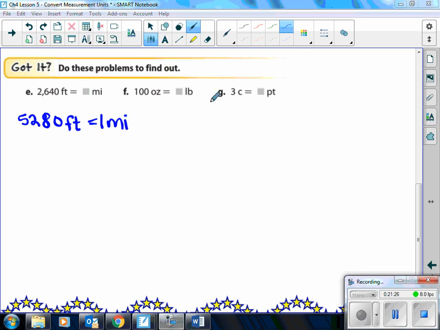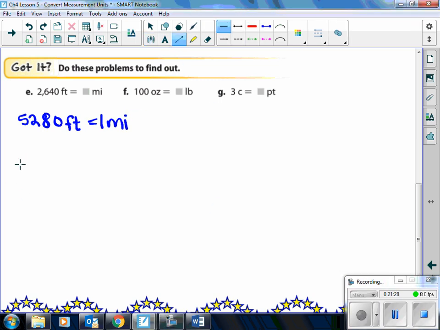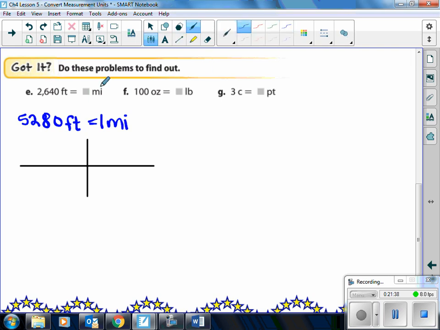So now we want to put some information on our chart. Okay. So we want to go from the original. The original, what we start with is 2,640 feet, right? So that's 2,640 feet. Okay.